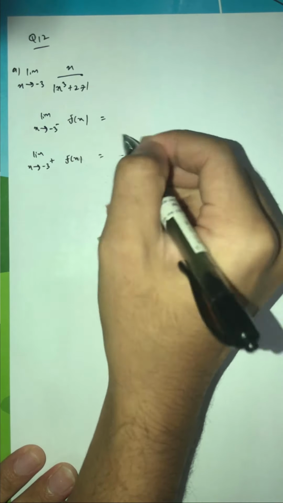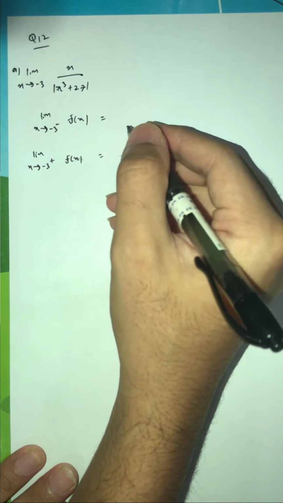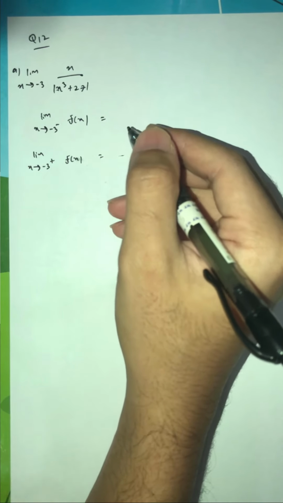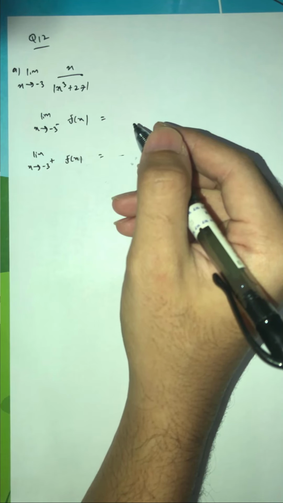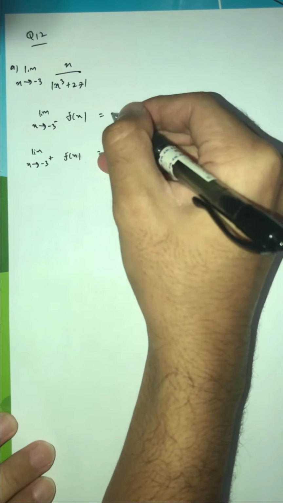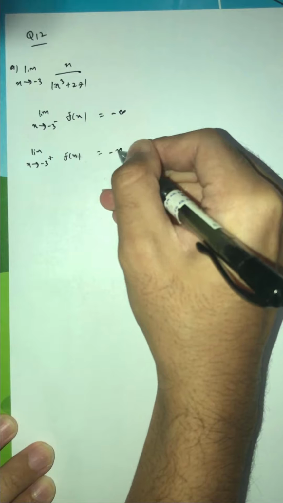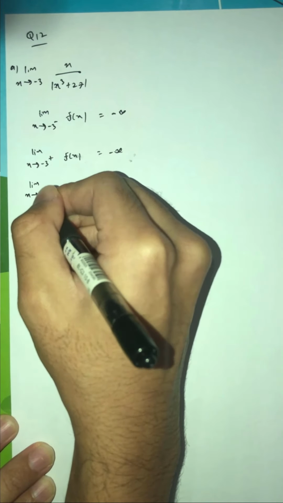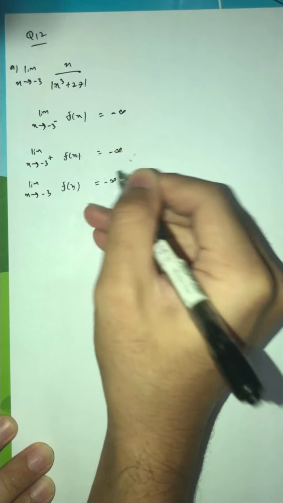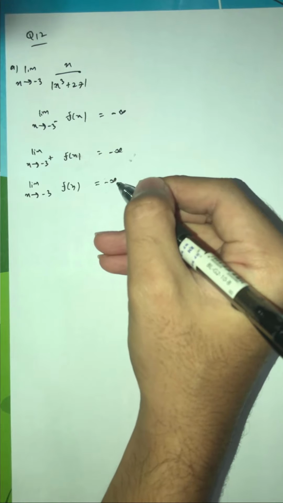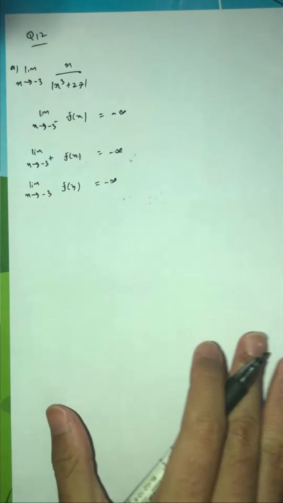Okay, so when you solve this, I'll not show you the calculation. You get negative infinity. This one is also negative infinity. So the limit as x approaches negative 3 of f(x) is negative infinity. Negative infinity means the limit does not exist, right? If I'm not mistaken. But this is just answering the question.